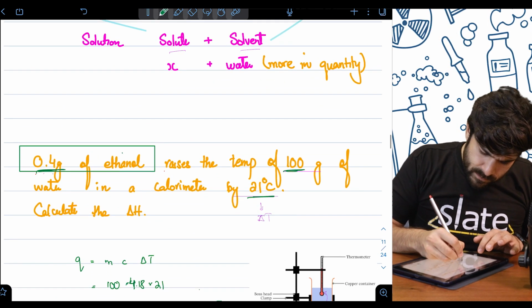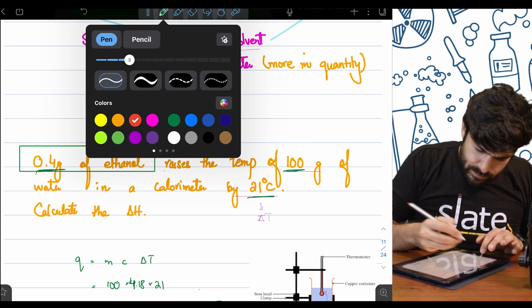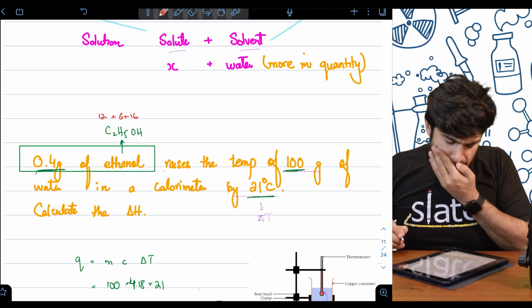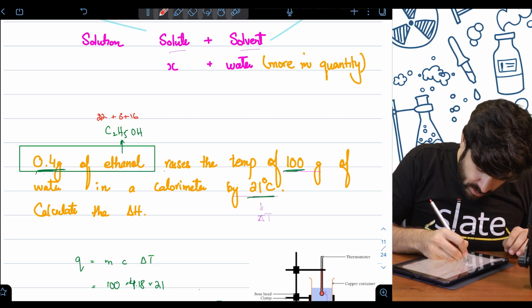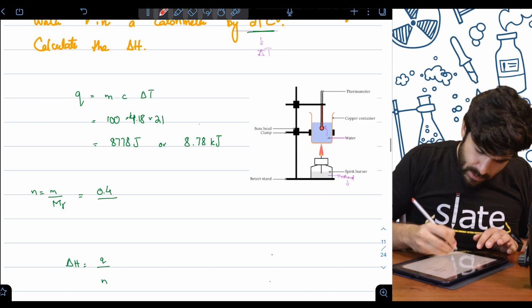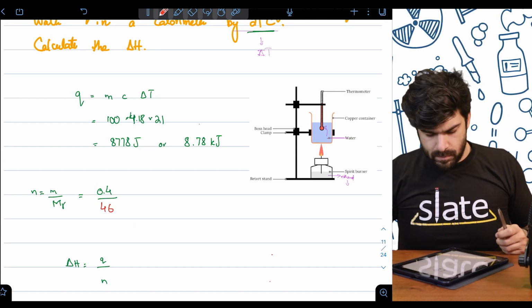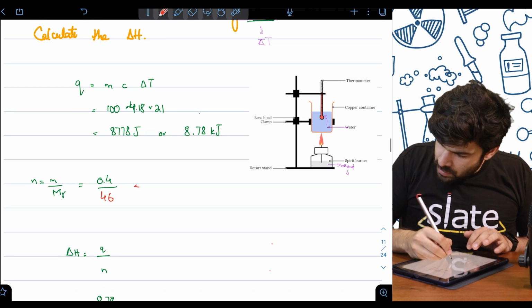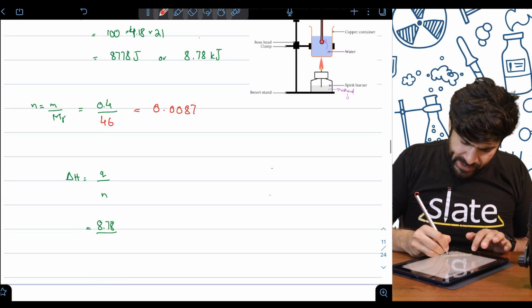MR of ethanol, C2H5OH: 24 plus 6 plus 16, that would be 46. So this divided by 46, and the value of moles will be 0.0087.